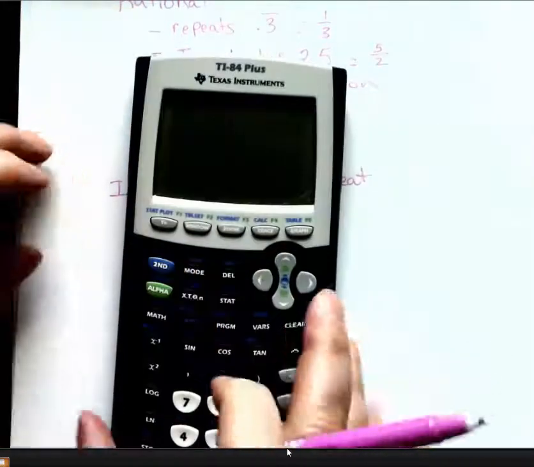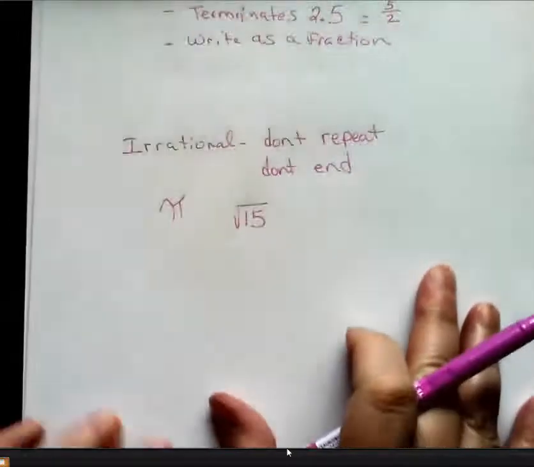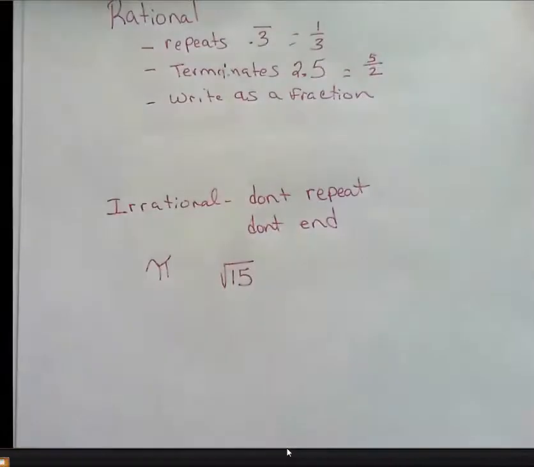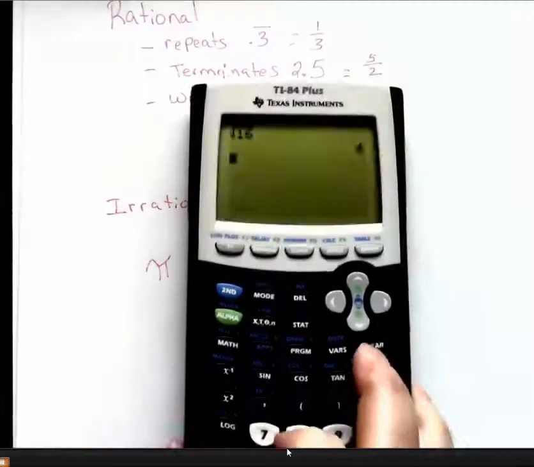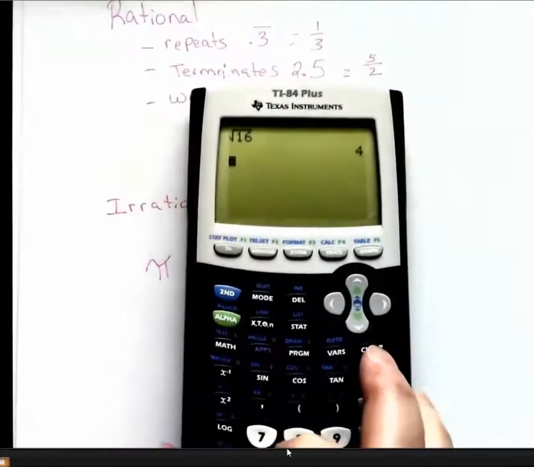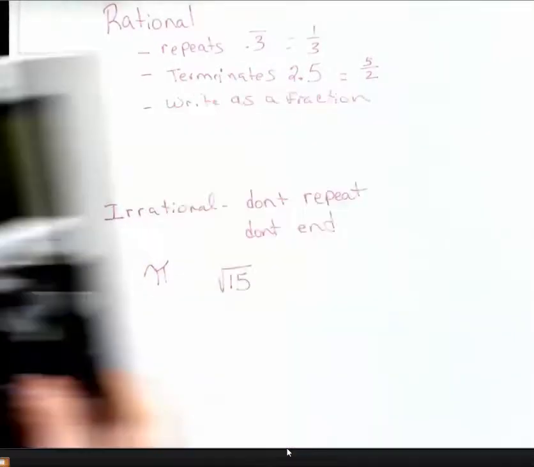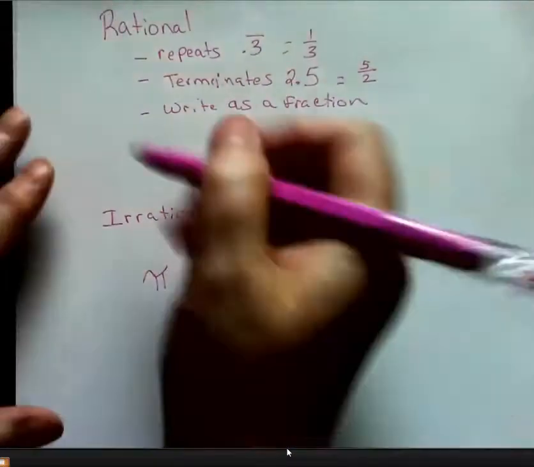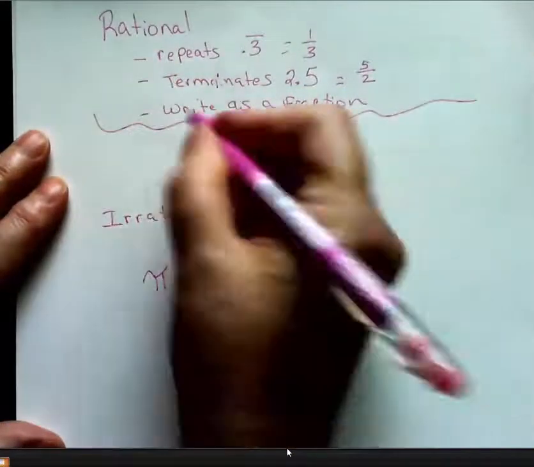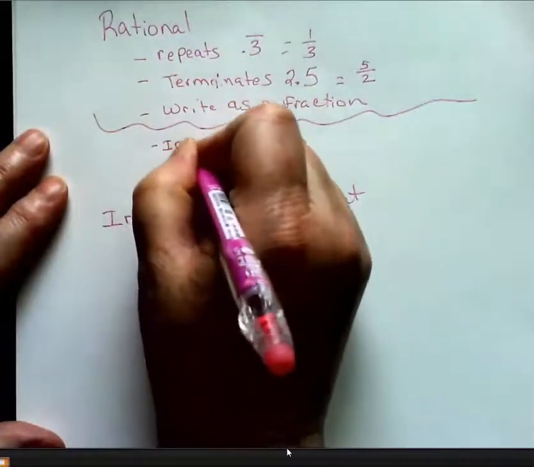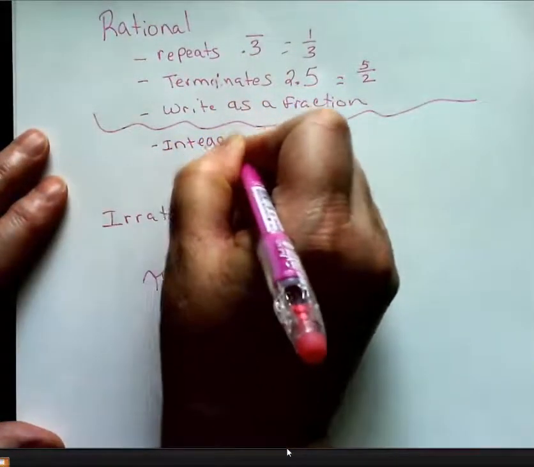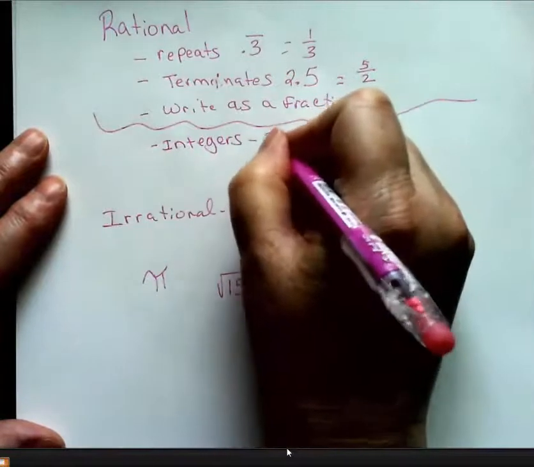However, not all square roots are irrational. Because if you take the square root of 16, it comes out to 4. So just because it's a square root doesn't make it irrational. So in the rational system, we then have integers, and those are positive and negative whole numbers.